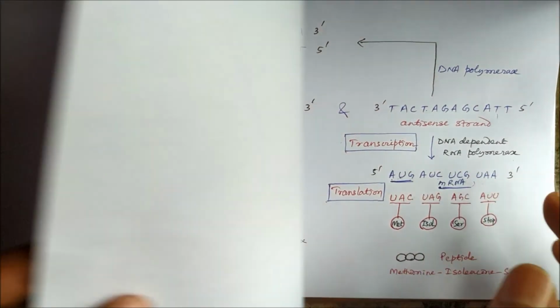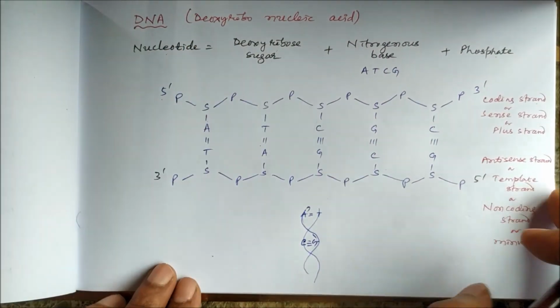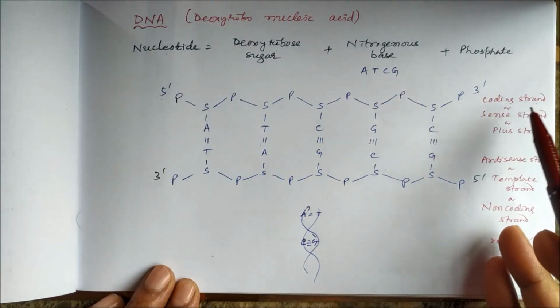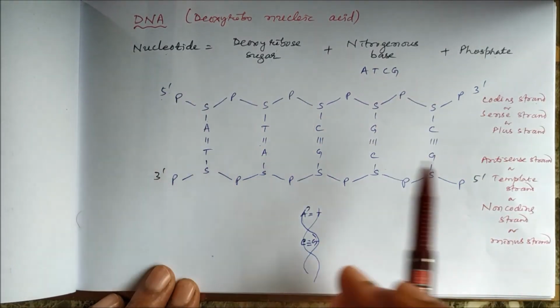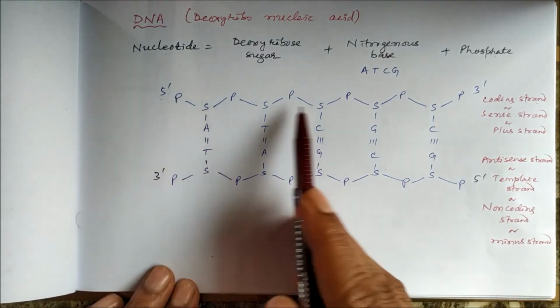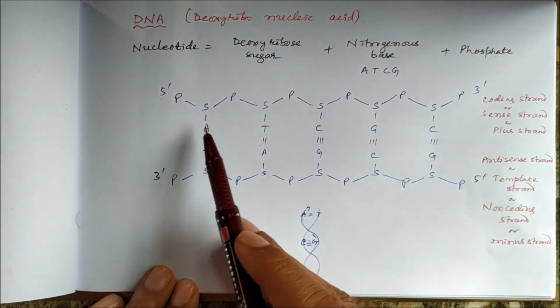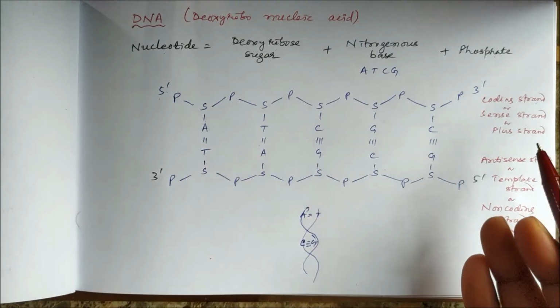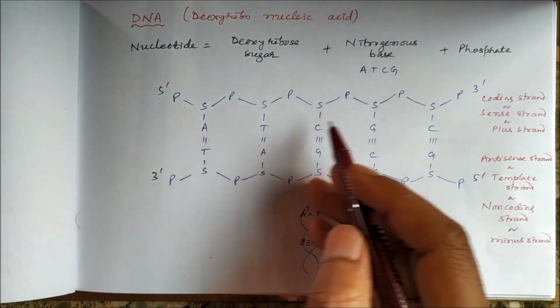And if we summarize, the strand in the 5' to 3' direction is the sense strand, and the strand in the 3' to 5' direction is the antisense strand. The sense strand has the code, the codons, which are transferred to the messenger RNA.